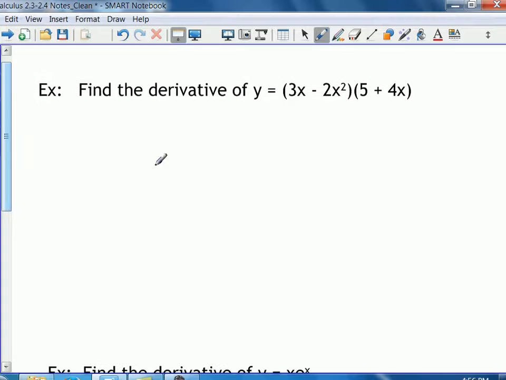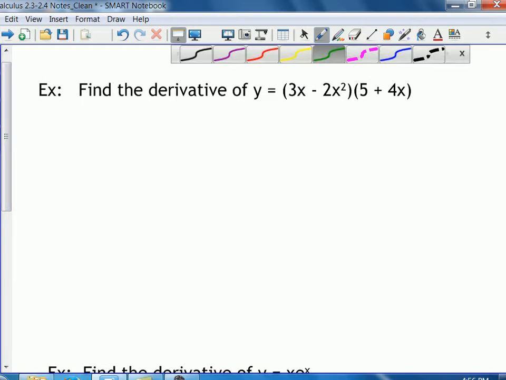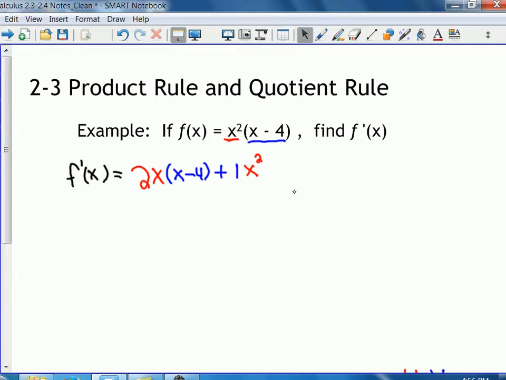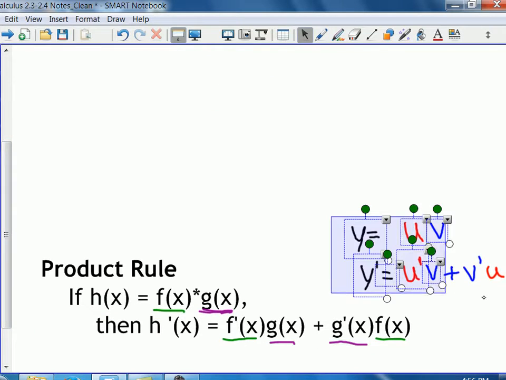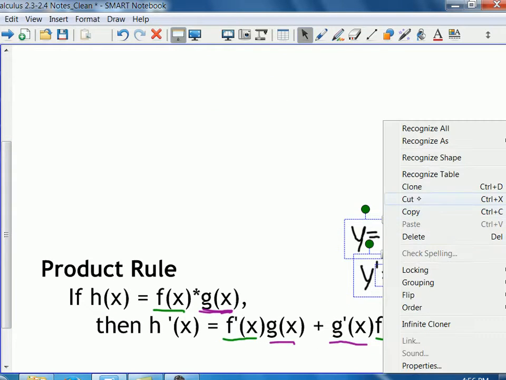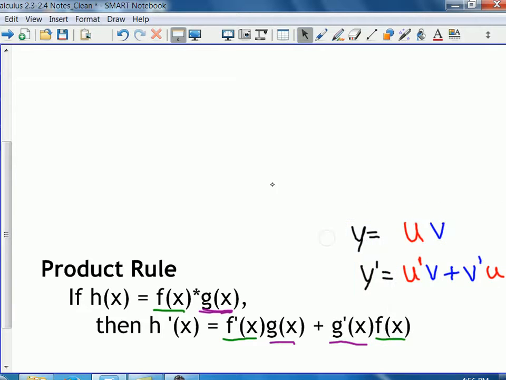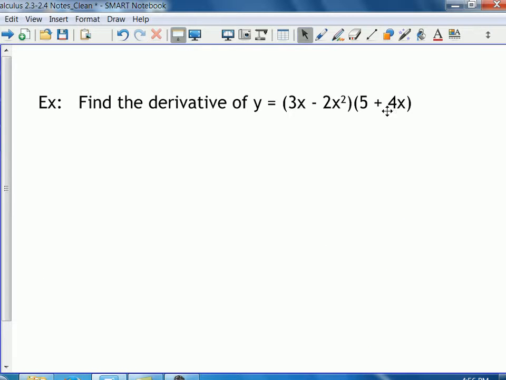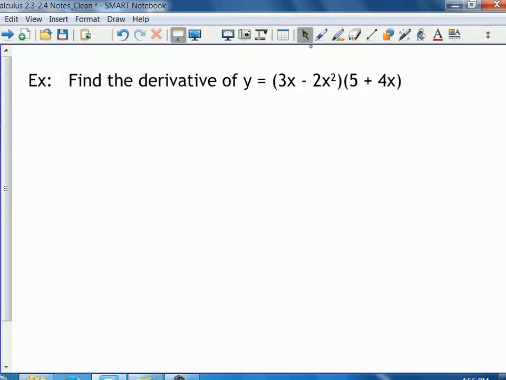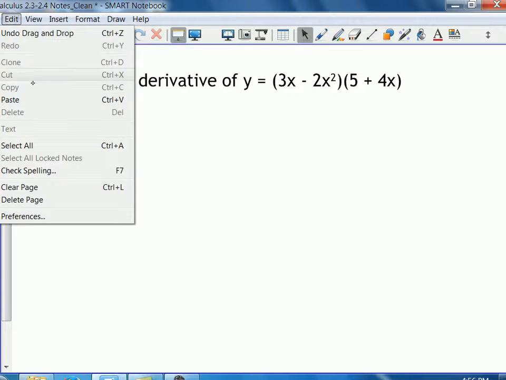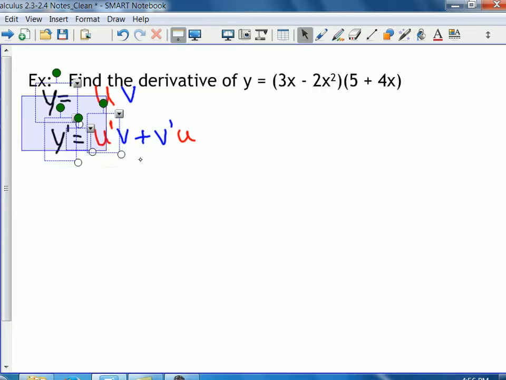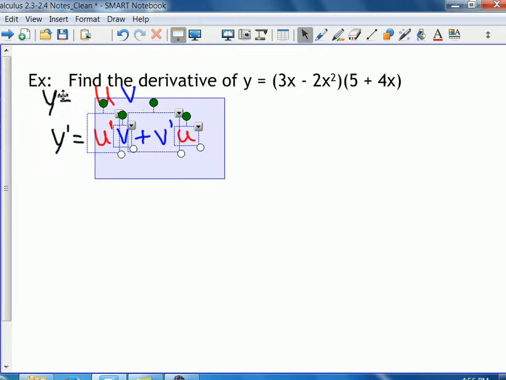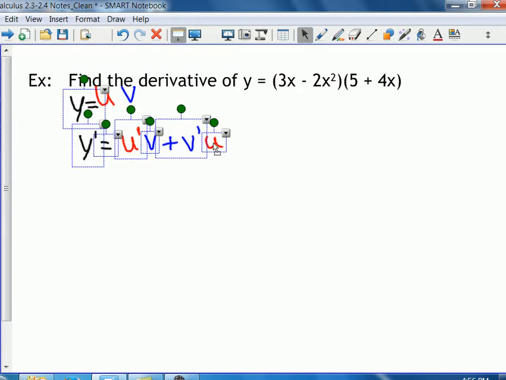Okay. Let's keep looking here. Let's try another example. So, if we think about what the last page said, I just went ahead and copied the rule from the last page.